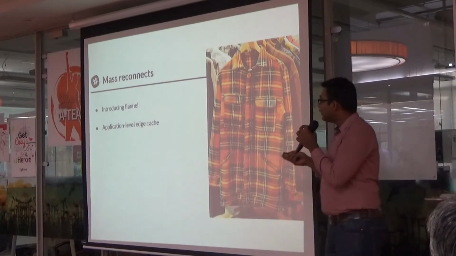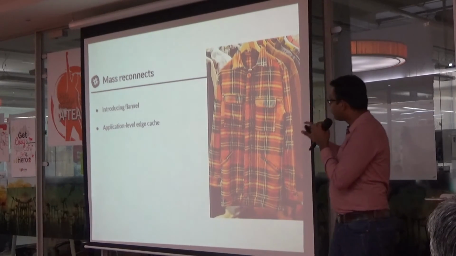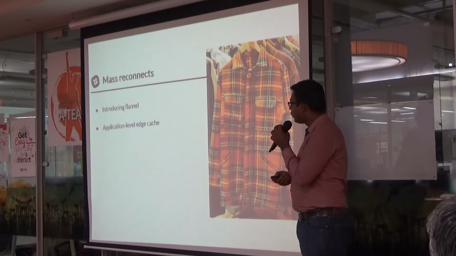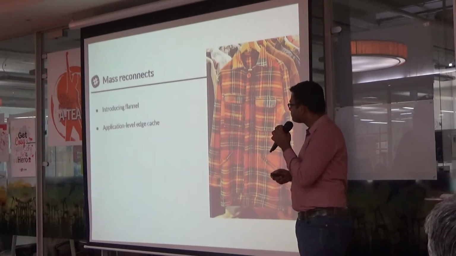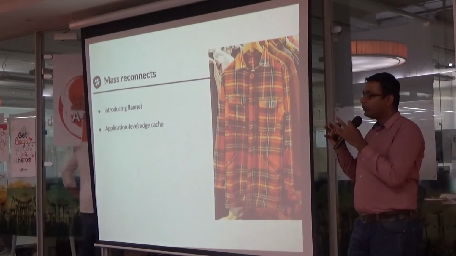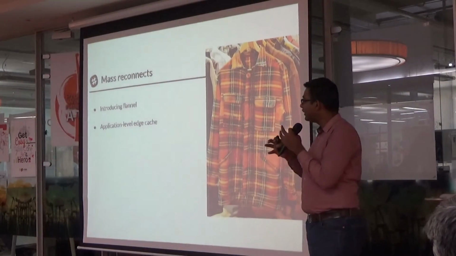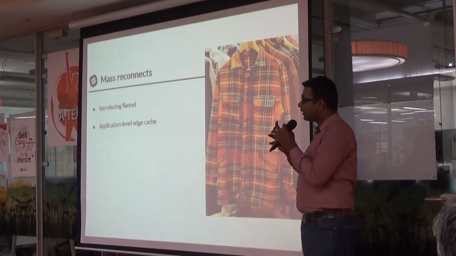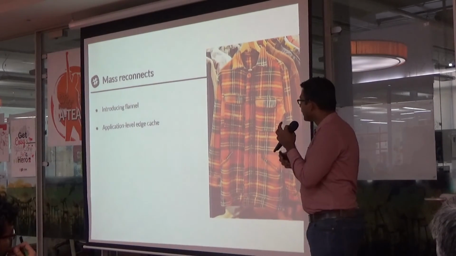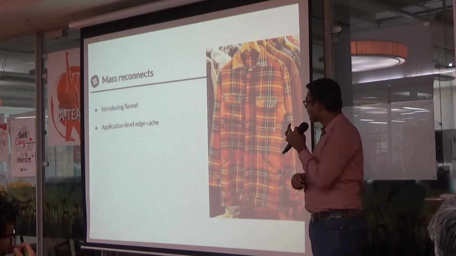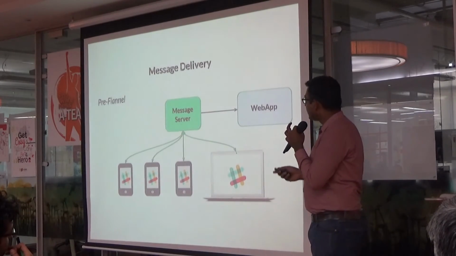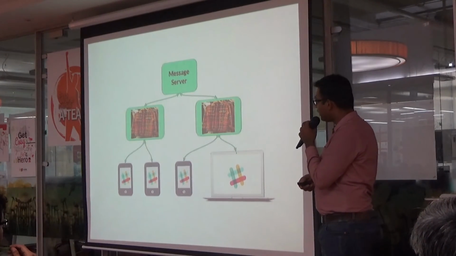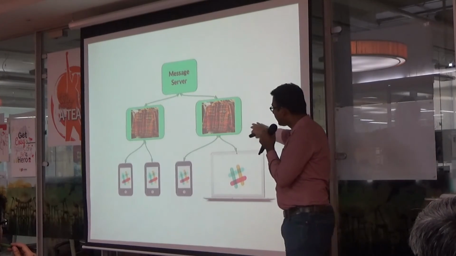For mass reconnects, they are trying something like a project called Flannel, which is an application-level edge cache model. Just to explain what this is: they want to put a cache for each key which contains the state of the system at that point of time. So this is the architecture pre-Flannel. What happens if you put in two caches?